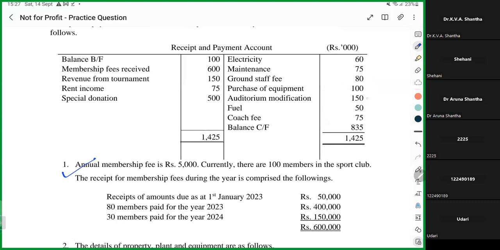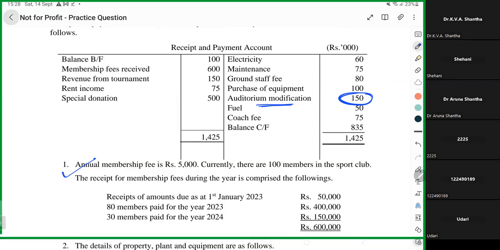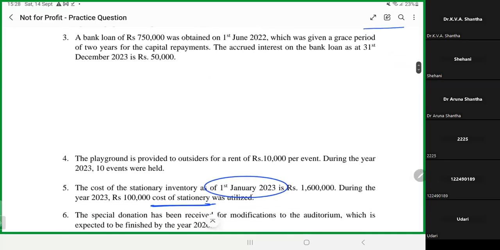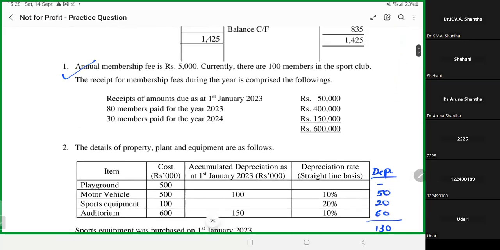Auditorium modification, you see expenses 150. So you can remember, now this is important. You received a special donation for that 500.